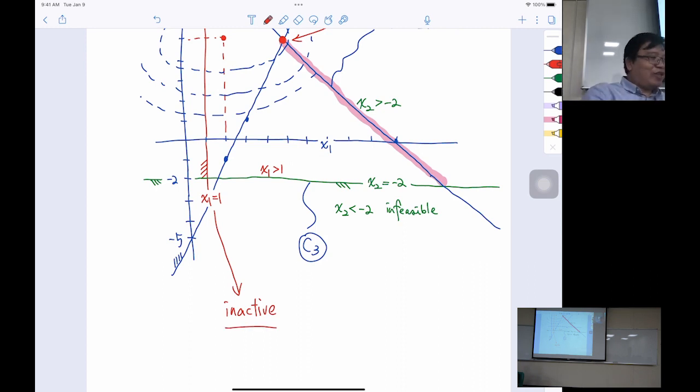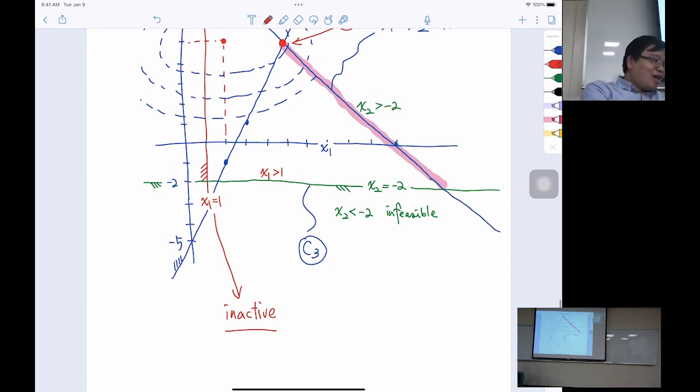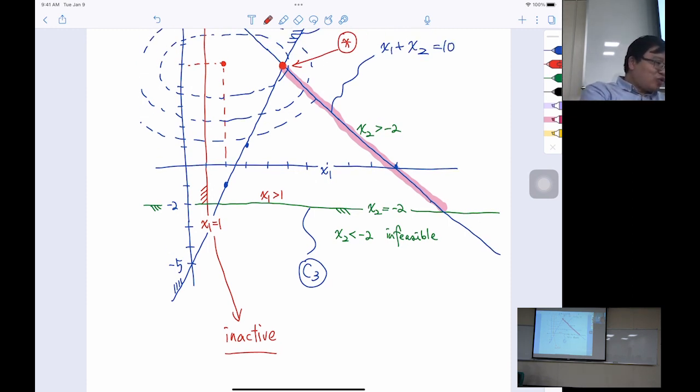So in the terminology of optimization, if you say active constraint or inactive constraint, inactive means it's not even playing a role. You can throw it away. It doesn't change anything. How about C3?